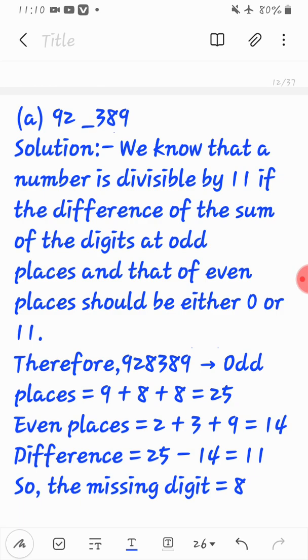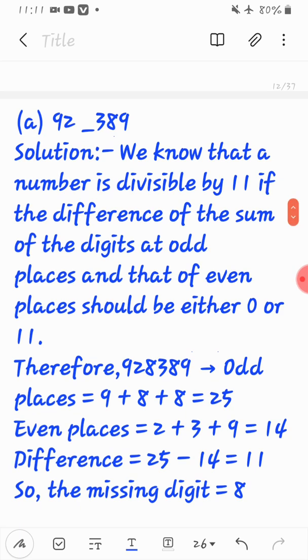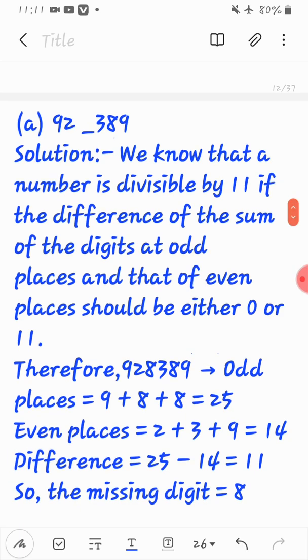And then we will add the digits in the odd places. That is 9 plus the blank, which we don't know, plus 9. 9 plus 9 is what? 18. But the number should be such that when we subtract 14, because 2 plus 3 plus 9 is 14, we should get 11 or else 0.